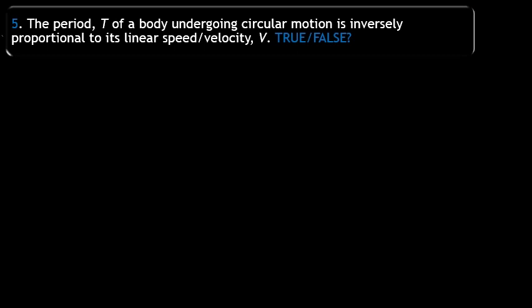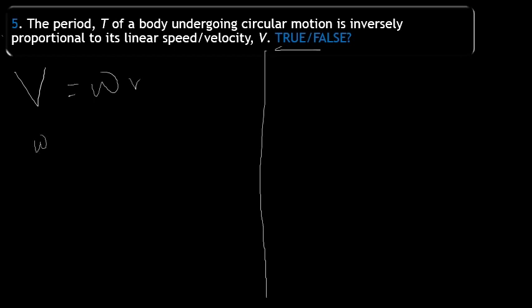Okay. Now, how true is it? Recall that V is equal to omega r. But again, I know that omega is equal to 2 pi over T. Now, we had considered this before.